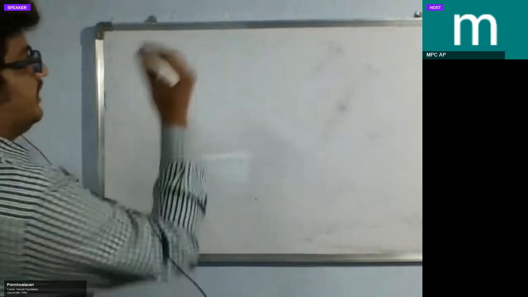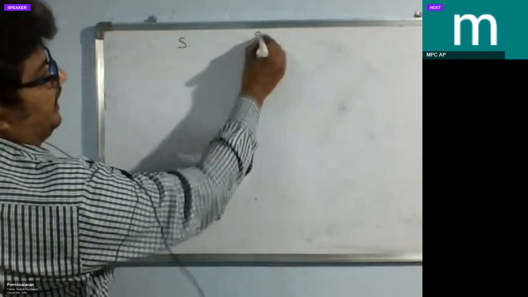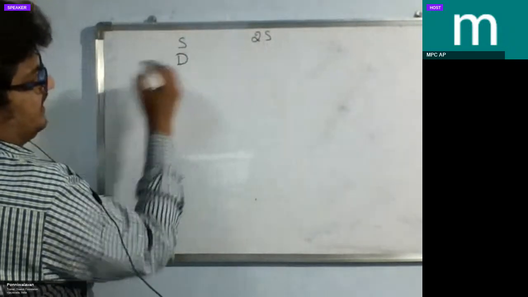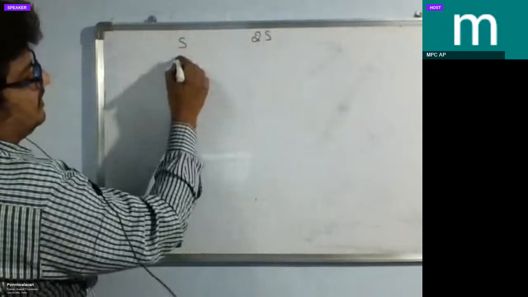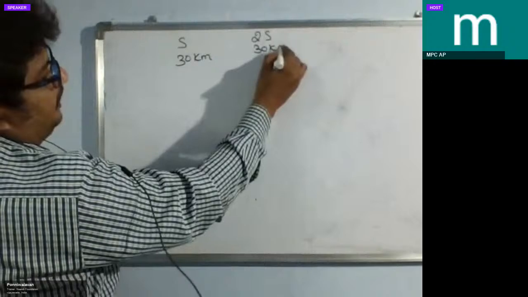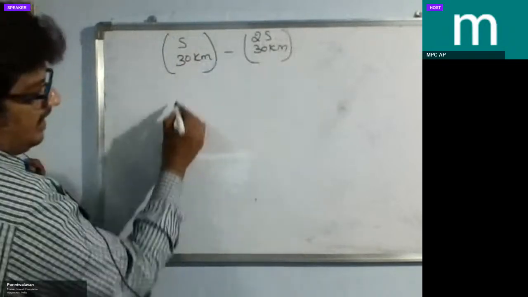Listen. Yesterday he traveled at s speed. Today he traveled at 2s speed. Yesterday he traveled 30 kilometers. Today he traveled 30 kilometers, and this time difference is 3 hours.